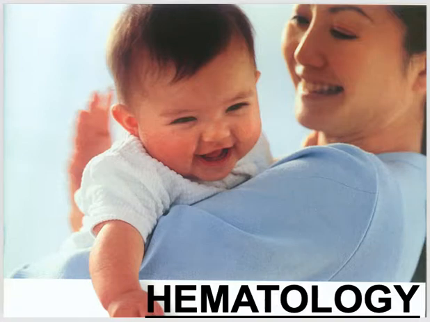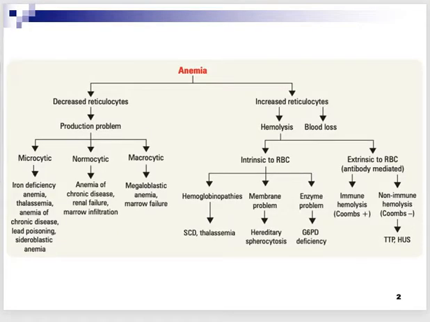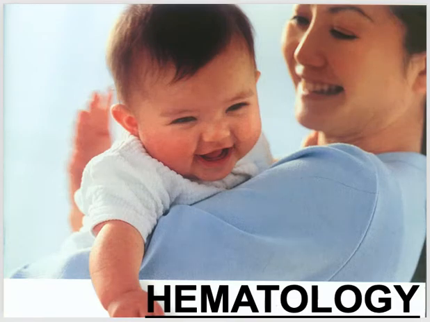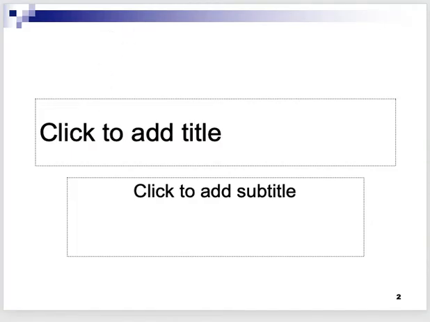When I was teaching you neonatology, I told you that when babies are born, inside the womb, as a fetus, they are living in a comparatively hypoxic state compared to when they start breathing and using their own lungs. So at birth, the HB level, or the hemoglobin level, is high.